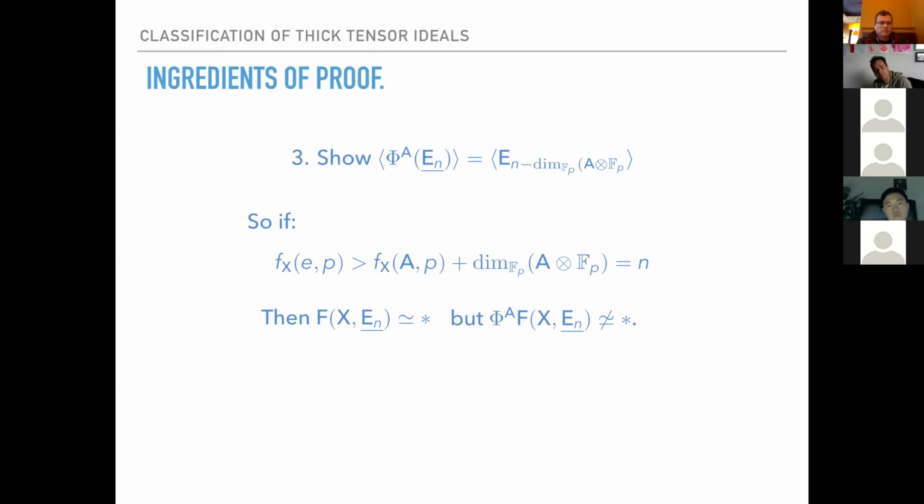But if I look at the geometric fixed points of this function spectrum, well, it'll commute right through that function spectrum, because X is finite. And then we get a cohomology of Φ^A of X with coefficients in this Φ^A of the underlying E_n. And we're supposed to detect whether or not X is non-trivial there. So we know that that actually can't be zero by our hypothesis of the right-hand side of this inequality.